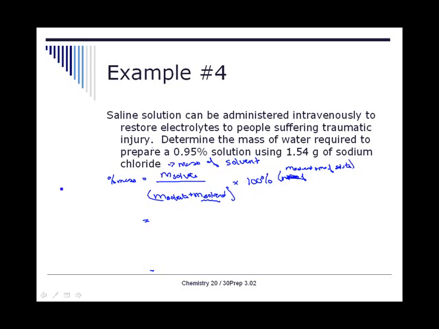When we do that, we end up canceling it out on this side, and we end up with, I'll just clean this up a little bit. So mass of solvent plus mass of solute times our percent mass is equal to the mass of solute times 100%. Divide both sides by percent mass.